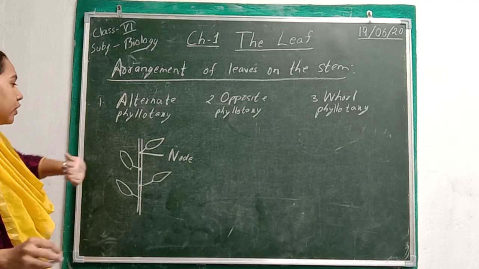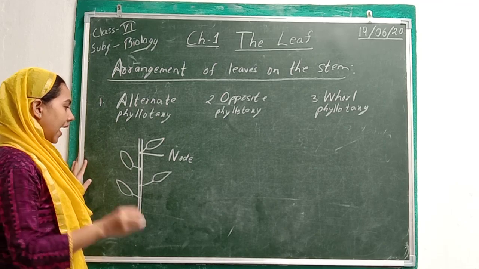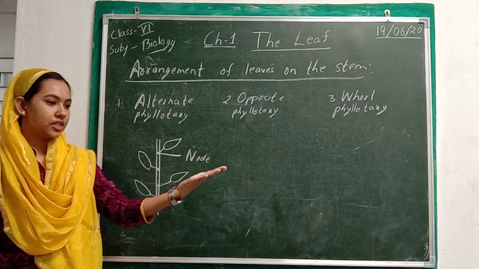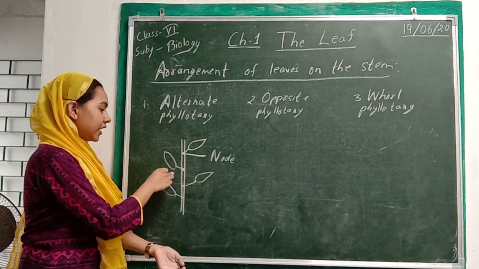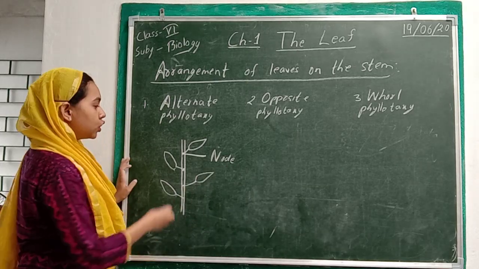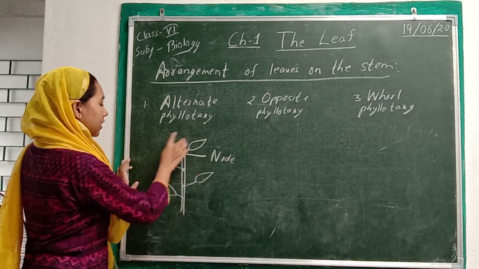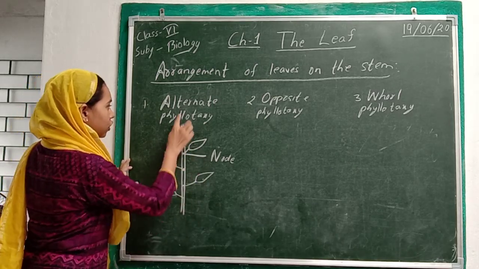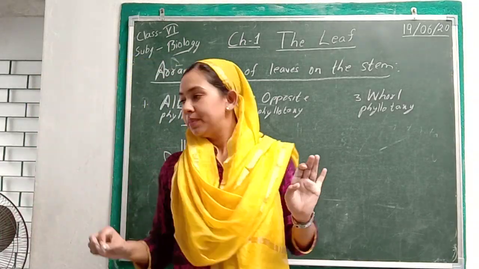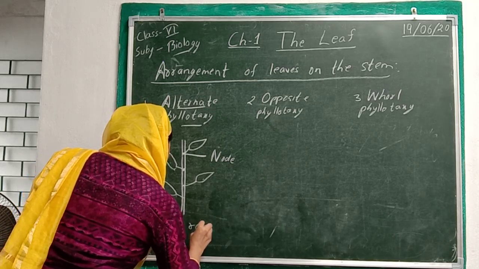So in alternate phyllotaxy, from one node only one leaf comes out, and you see that the leaf here is on the left side, and the leaf on the next node comes out from the right side. The next one again left, the next one again right. So the leaves are in an alternate position. That is why this arrangement of the leaves on the stem is known as alternate phyllotaxy. You can see an example of this in China rose or hibiscus.